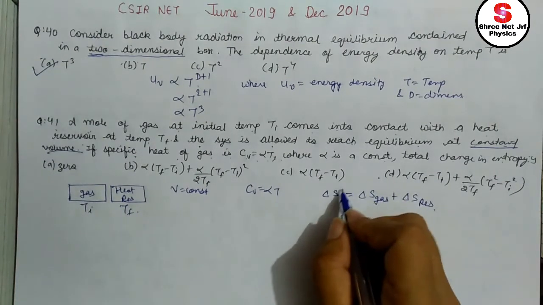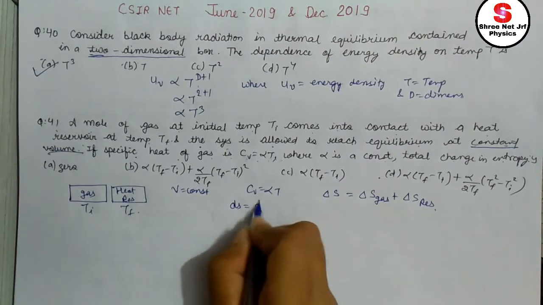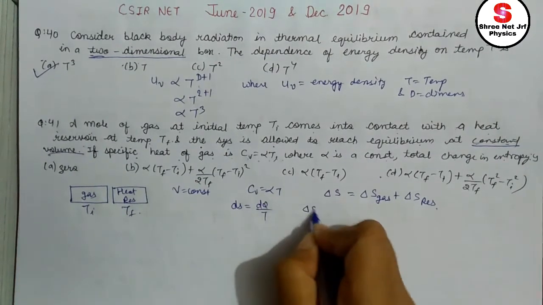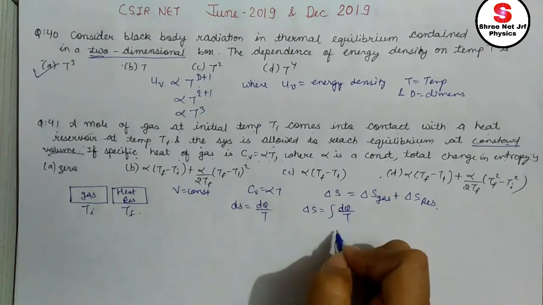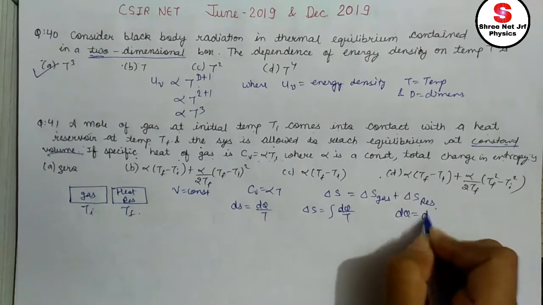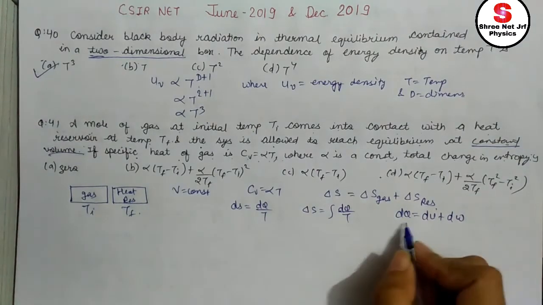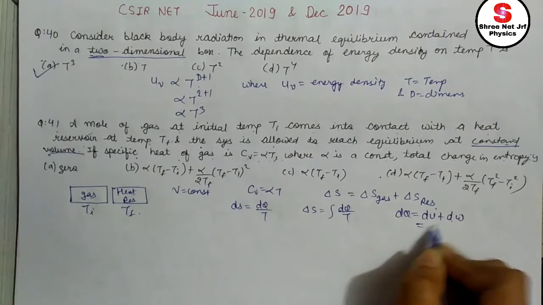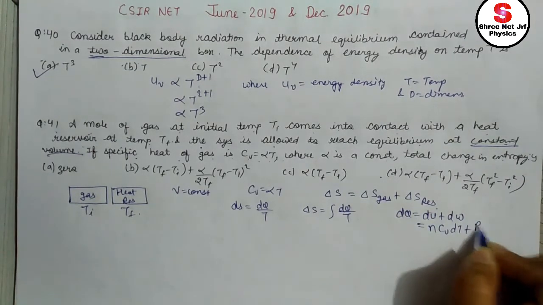Okay, how will we calculate this? See, we know dS equals dQ by T, that means delta S equals the integral of dQ divided by T. How will we find dQ? From the first law of thermodynamics, we know that dQ is equal to dU plus dW, right? Here dU is n Cv dT, and dW is P dV.